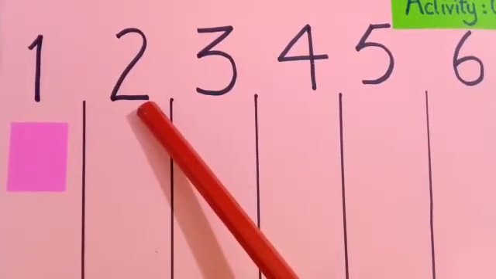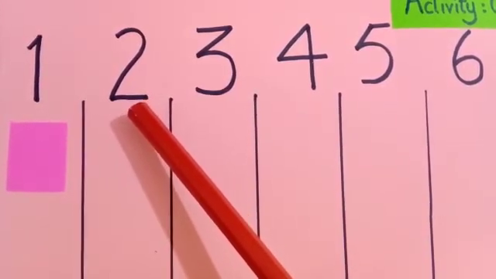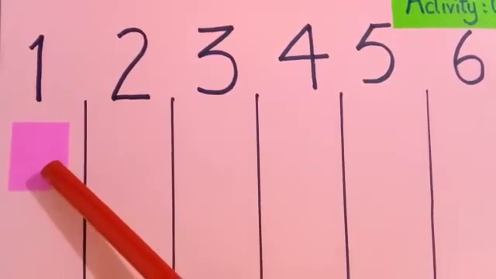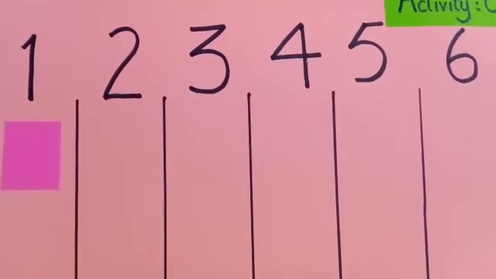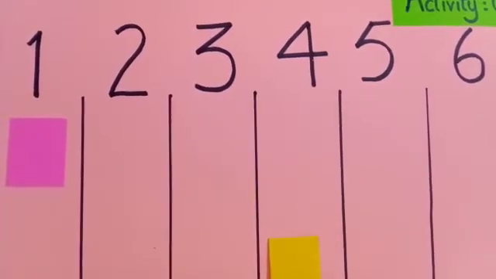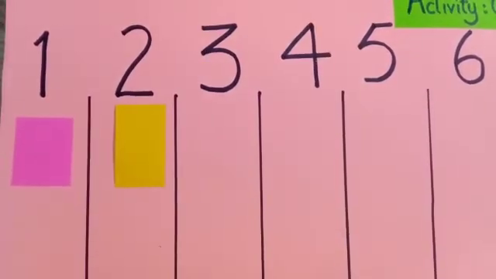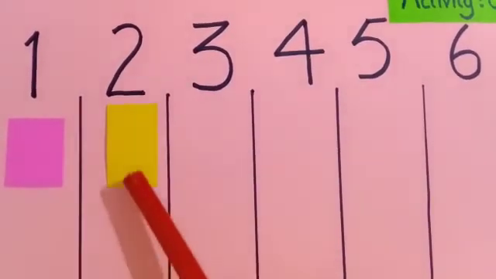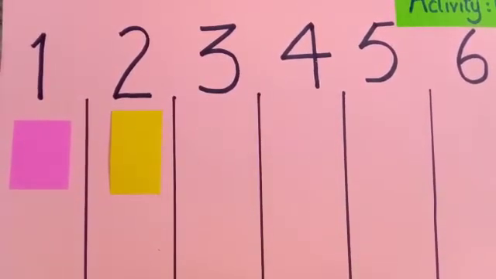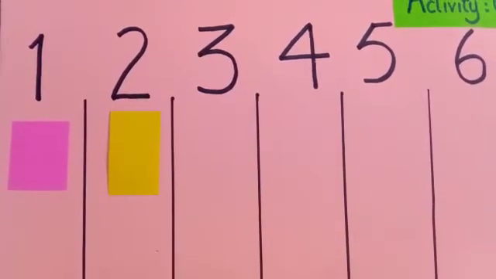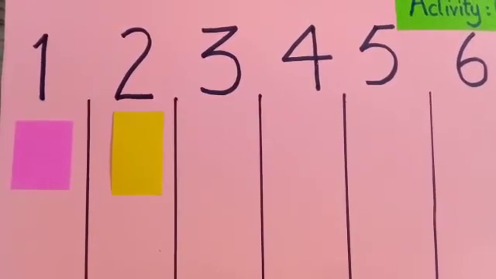Our next number is 2. So what we have to do is we have to add 1 more cutting, but this is only 1, so I'm going to add another one which will make this number clear to your mind.